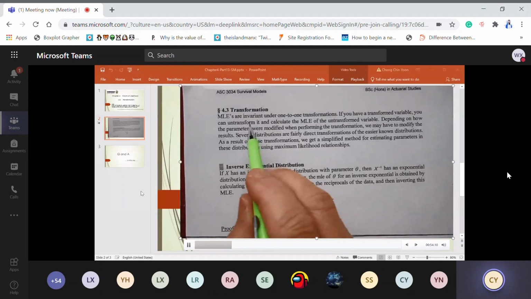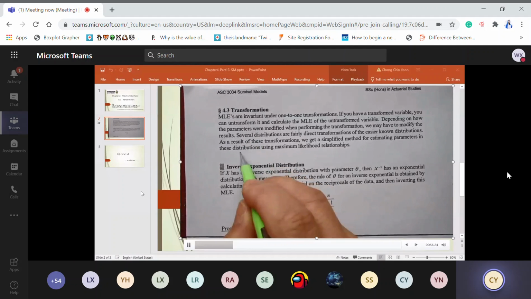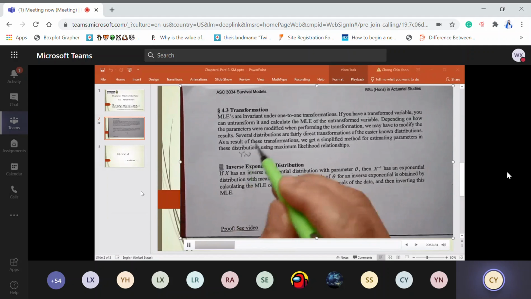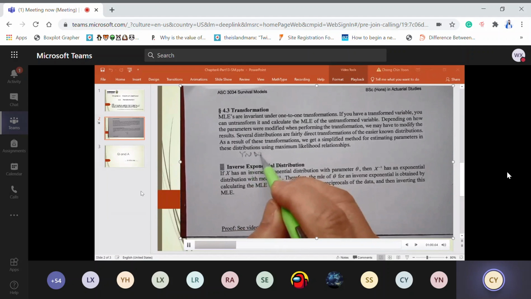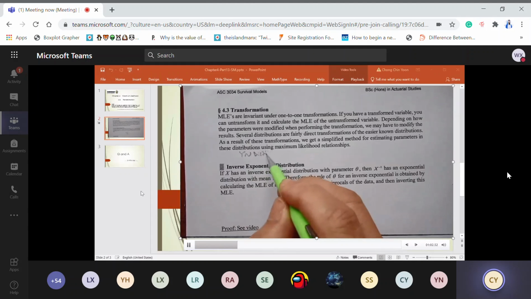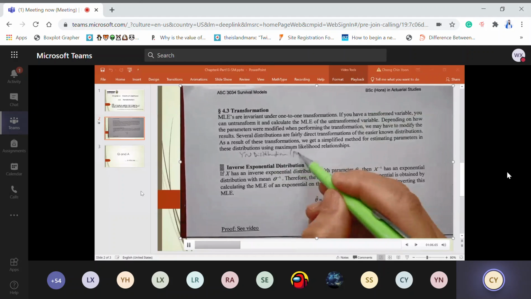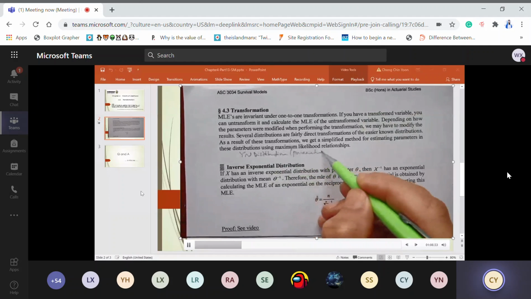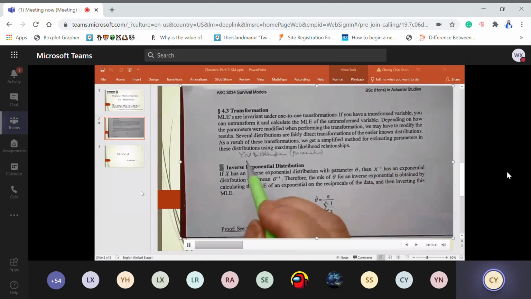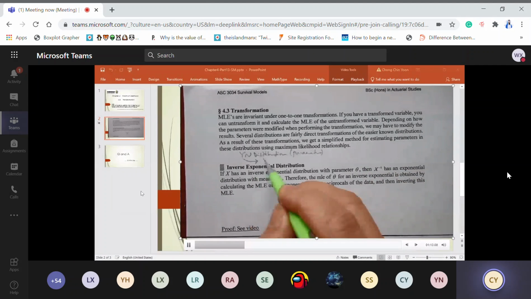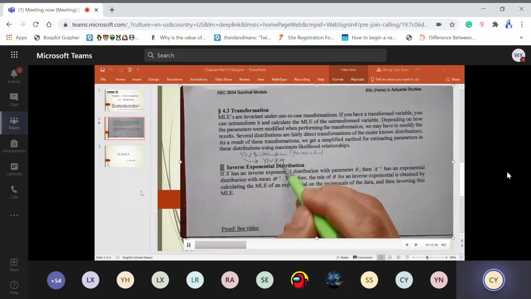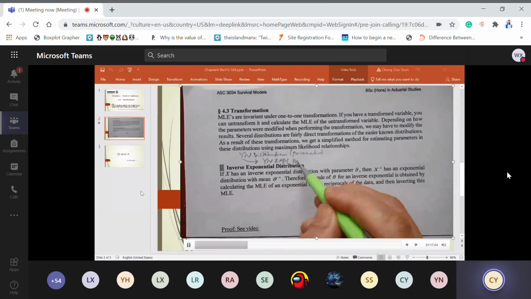So by using transformation, let Y be an unknown distribution with a parameter, and this can be transformed where the Y becomes exponentially distributed with another parameter.